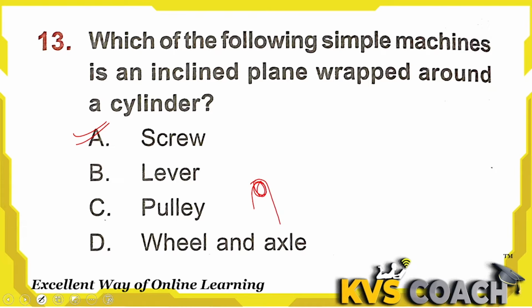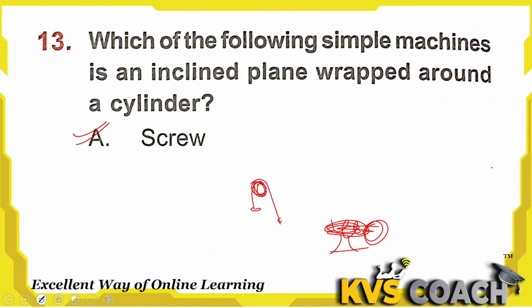This is known as pulley. Okay, on both sides you can see the weight. And wheel and axle, this is also a machine. This is the machine where a wheel is rigidly attached to a cylinder, which is known as the axle. Okay, like this type of machine, you can see that this is wheel and axle. Okay, but the right answer here is screw.